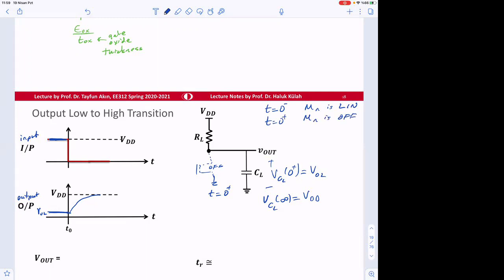And then we can calculate using the capacitor equation: V final minus V final minus V initial, e to the power minus t divided by tau. This value then is VDD minus, V final is VDD, minus V output low, e to the power minus t divided by tau, where tau is equal to RL times CL.